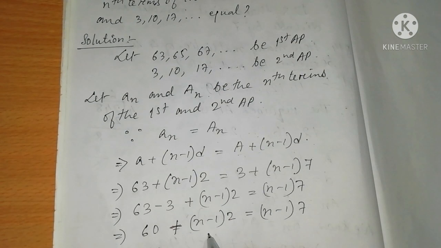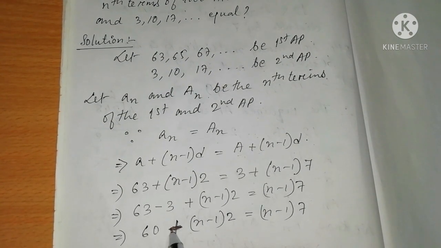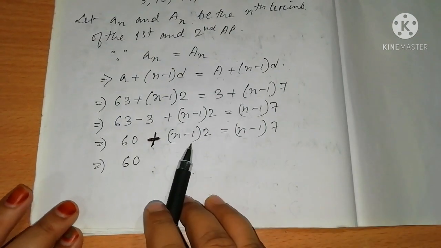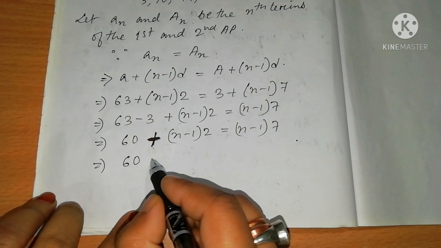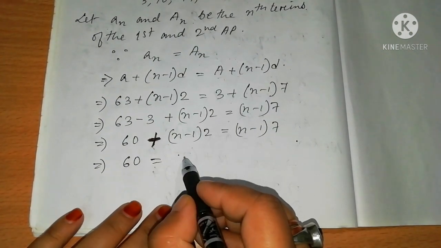Then I will take this n minus 1 into 2 to the other side, 7 n minus 1 is already there.